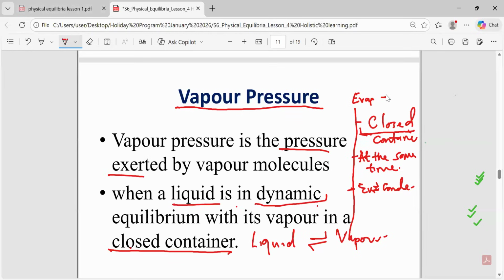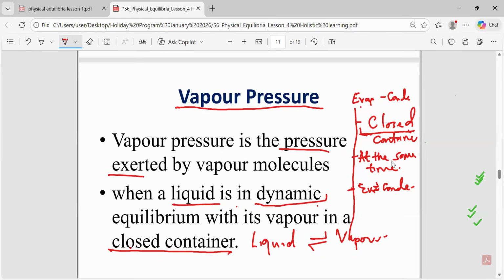At the same time, condensation is also taking place in the closed container. Evaporation and condensation are taking place at the same time. When evaporation is taking place, condensation follows.